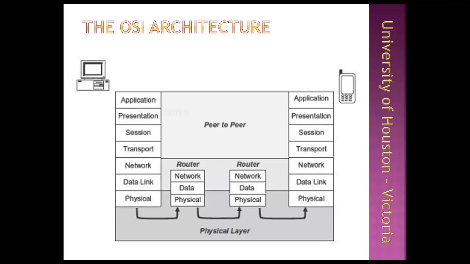Those layers were the application layer, presentation, session, and transport layer. Then also last week I talked about the network, data link, and physical layers. Those are the layers that are more involved with the actual communication that happens in the network, and so they require things such as IP addresses, routing information, and all sorts of things.